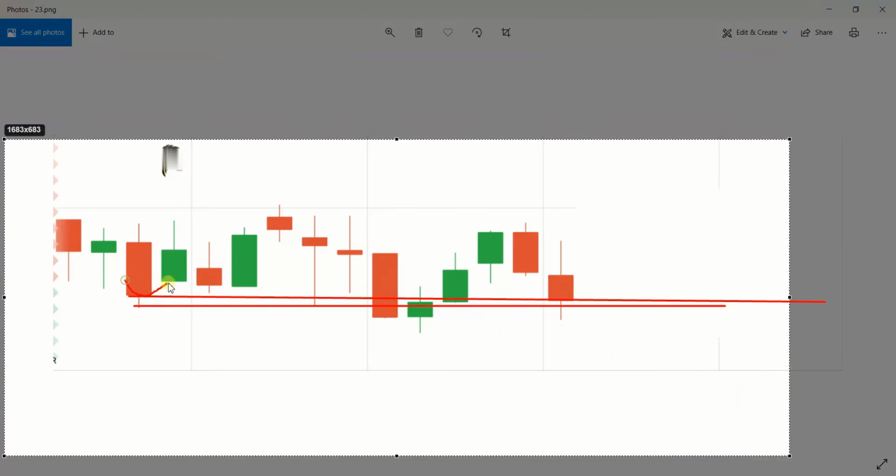You can see a buyer's entry here. Again you can see the market close at this support level. There is a rejection from the buyers, and it means the buyers are interested, and you can see the buyers are respecting this level.